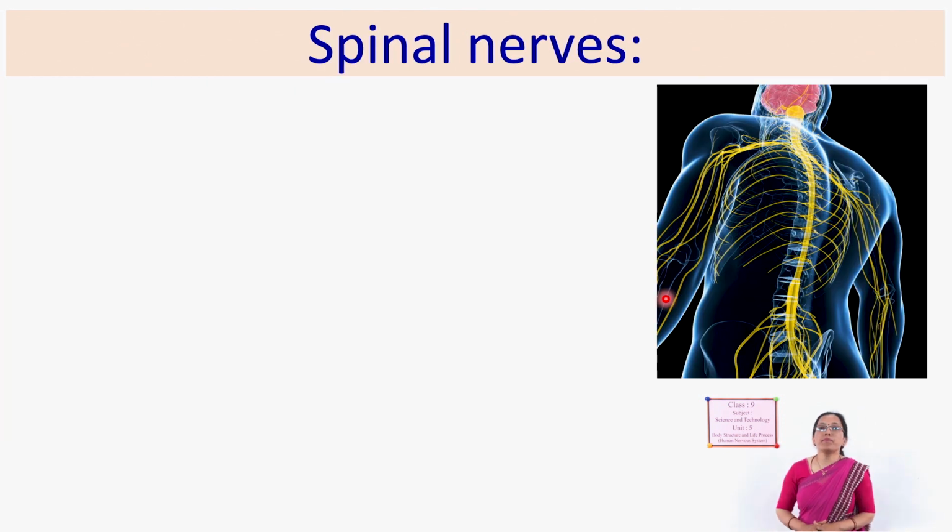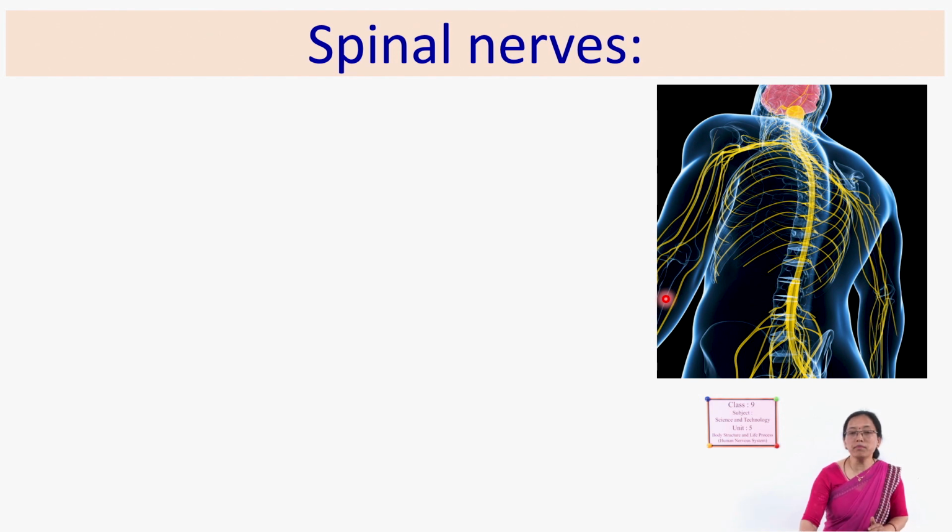Now, what are spinal nerves? The next part is the spinal nerve, from the spinal cord. From the spinal cord also many motor nerves and sensory nerves come out. As they arise from the spinal cord, these are called spinal nerves.